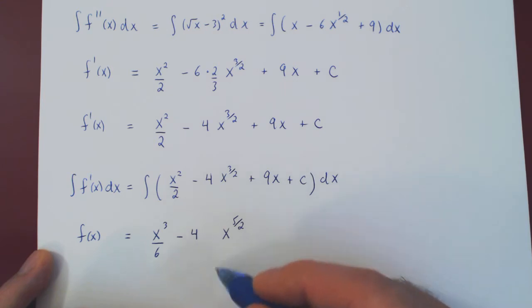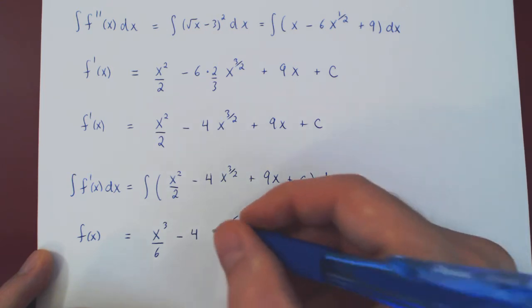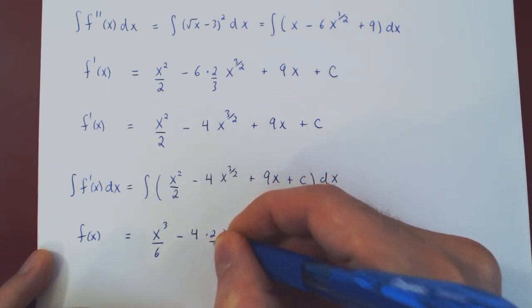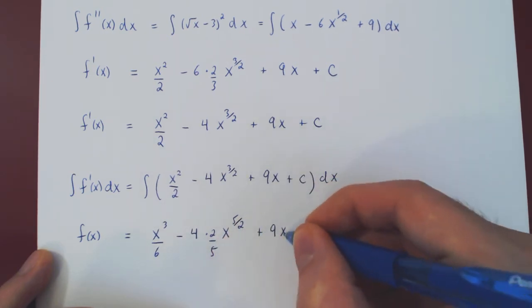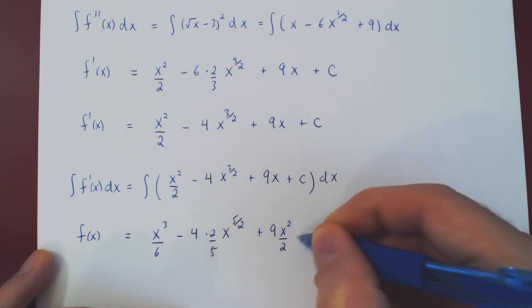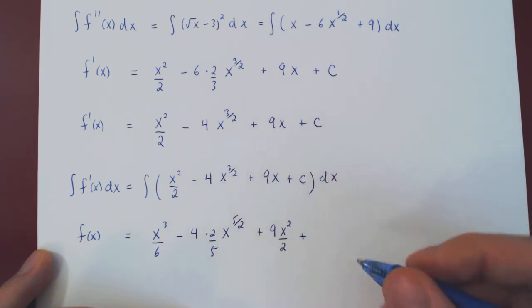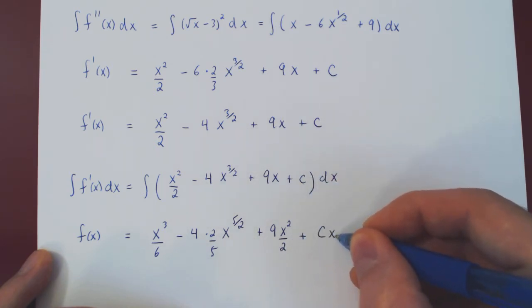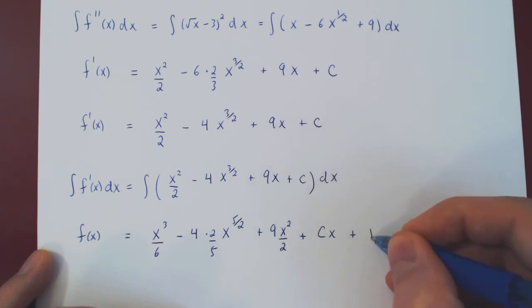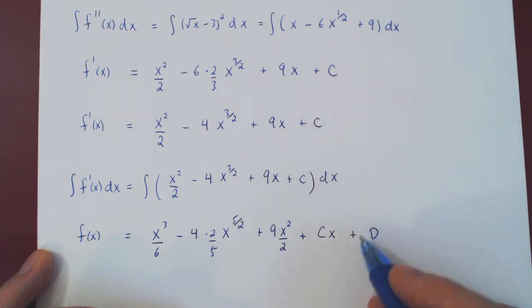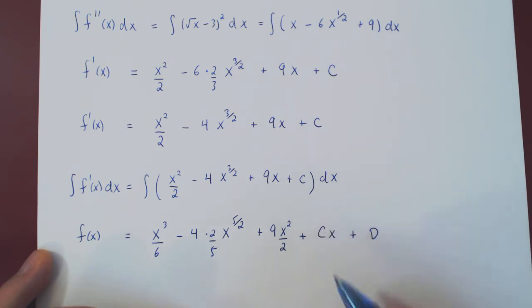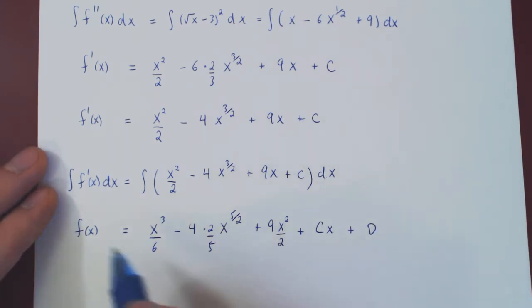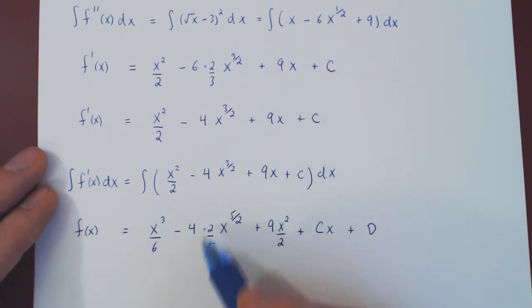And if you divide by 5/2, you multiply by the reciprocal, which is 2 over 5. Plus, power rule on x, x squared over 2. Plus c is a constant, so the integral of c is cx, plus the other arbitrary constant. And I'm calling it d, but of course you can call it any other letter than c. And now we have f of x. Let me simplify here this term.